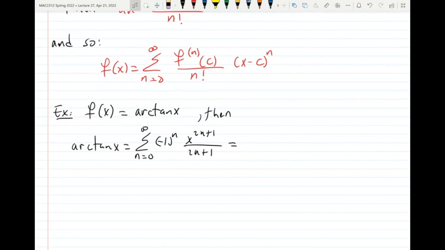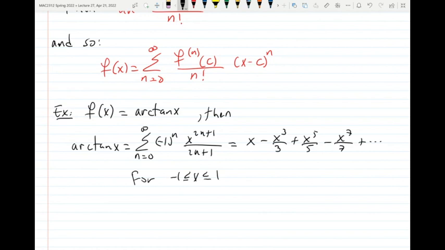The even powers disappear, so the coefficients are 0. So we start with positive, so this is x minus x cubed over 3 plus x to the 5 over 5 minus x to the 7 over 7, and so on, okay? That's what this is, and this is valid as long as x is between -1 and 1.